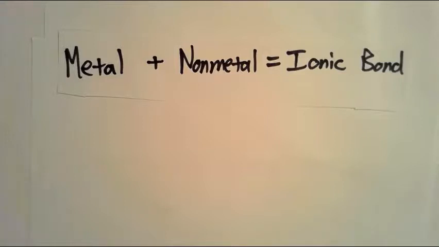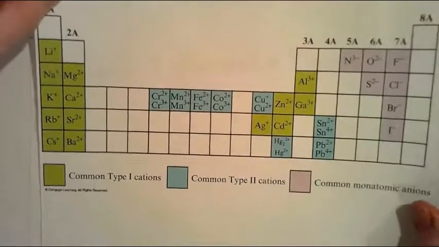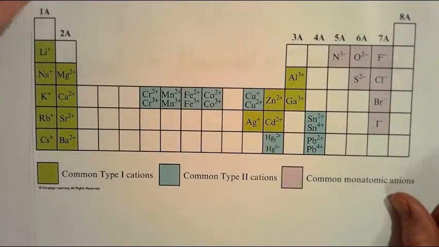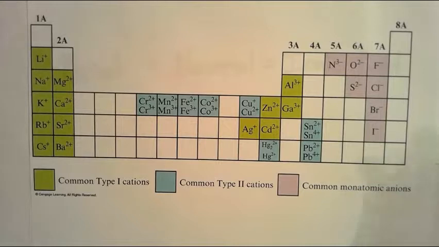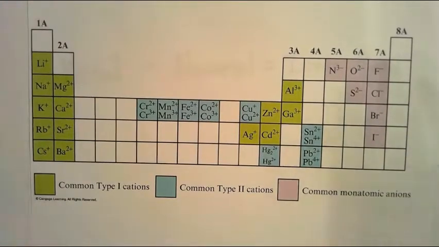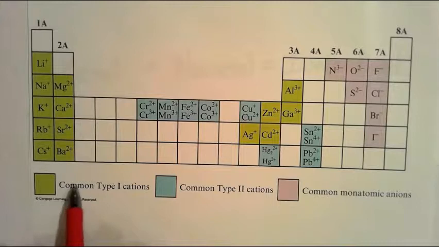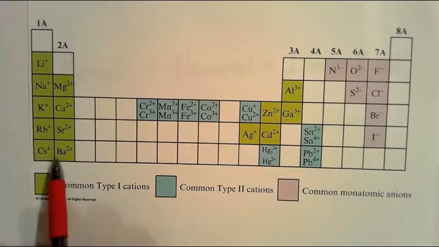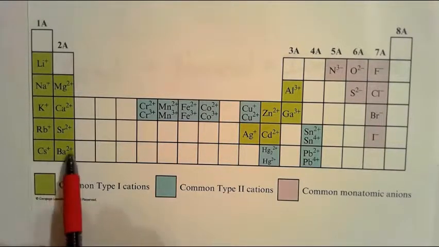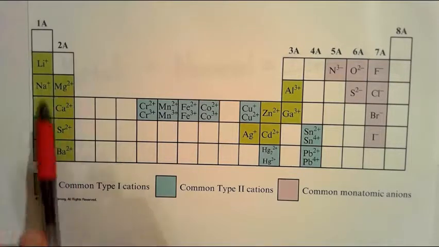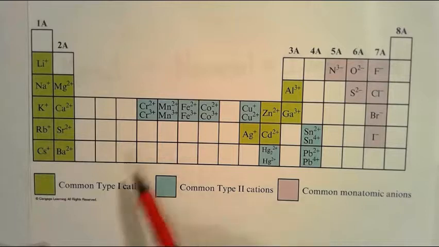So how do I remember the charge? All you have to remember is go to the periodic table. This one is in my classroom and will be available for your reference, and it is super duper handy. What we see here are the common type 1 cations. Those are the group 1 and group 2 elements.